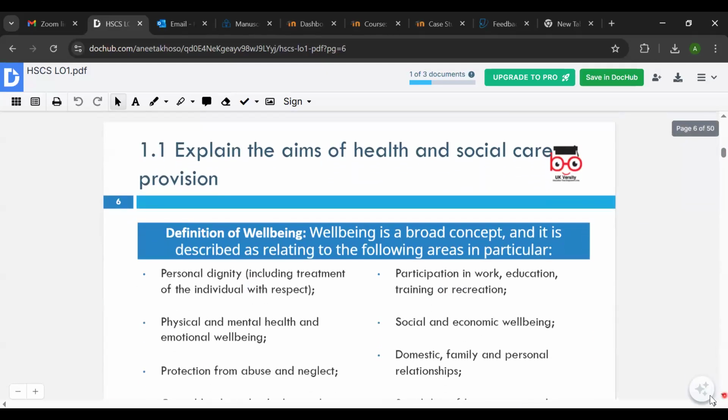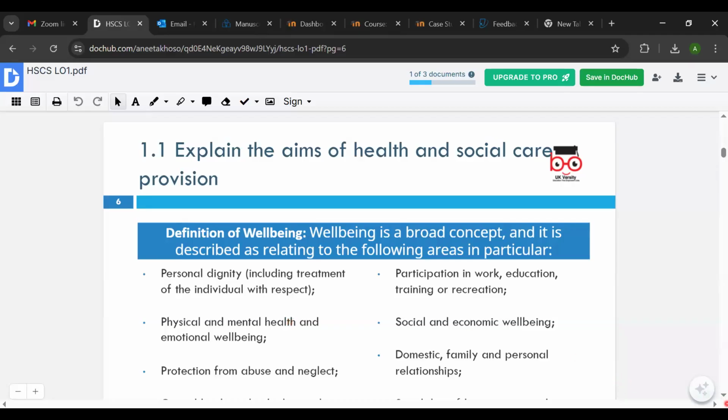So a bit more about this. When we explain the aims of health and social care provision, what is the definition of well-being? Well-being is a broad concept. It is described as relating to these areas in particular. Personal dignity, including treatment of the individual with respect.